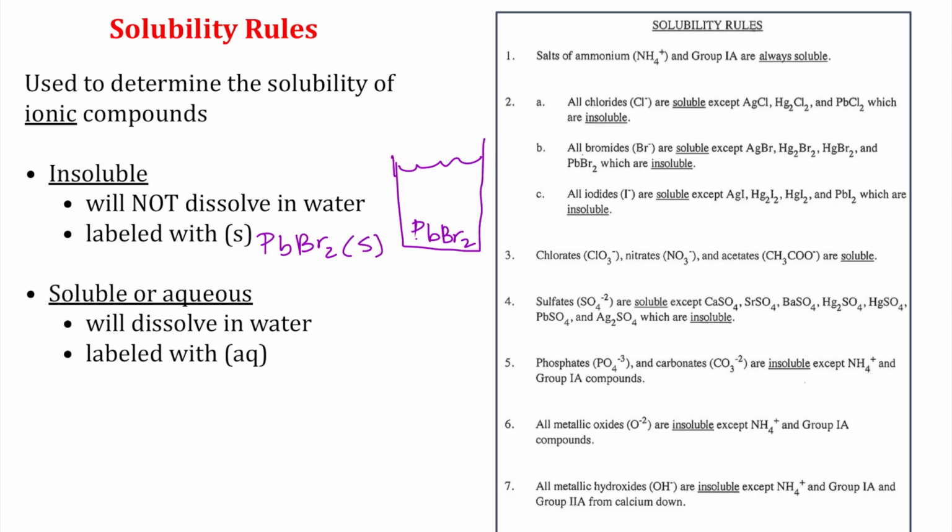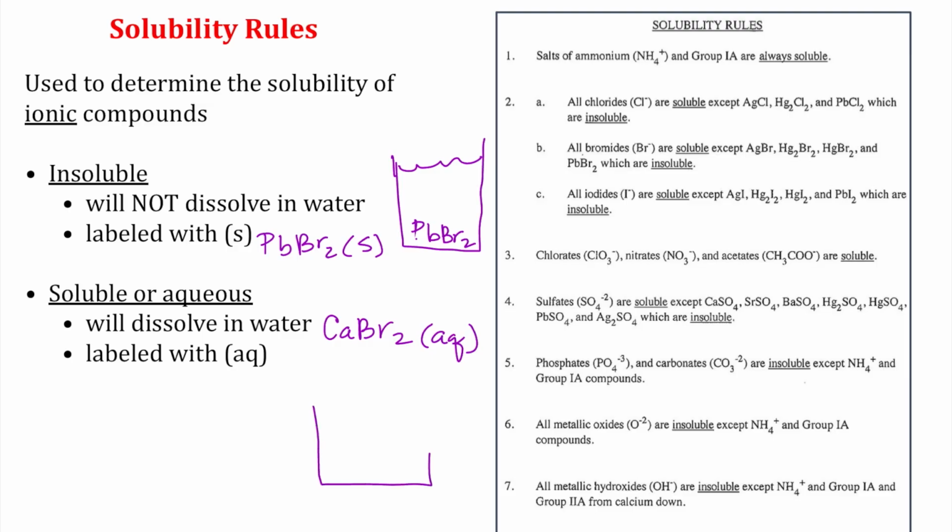When we are looking at if something is soluble, that means that it is going to be aqueous in water and it will dissolve in water. And so looking at those bromides again, all bromides are soluble except, so let's look at calcium bromide, CaBr2. Well, calcium bromide is soluble, meaning that it would be aqueous when in water.